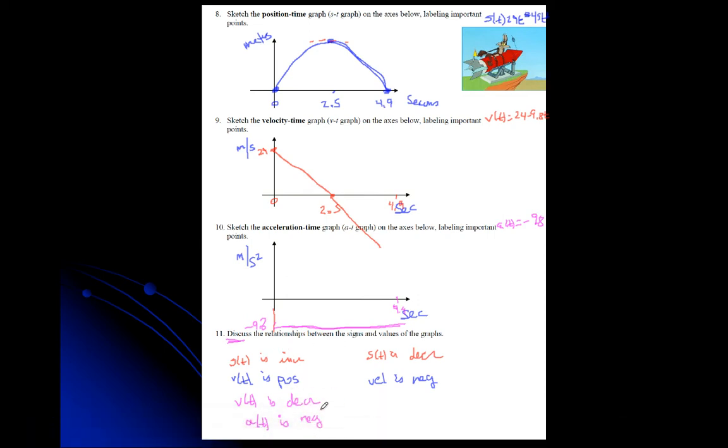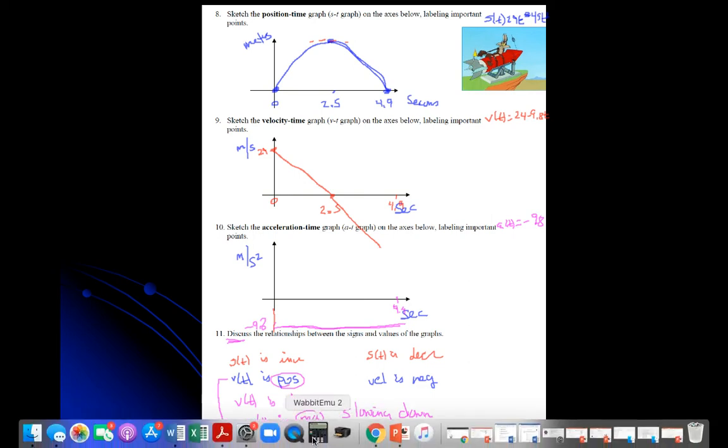Since acceleration was always negative, the times when velocity is positive but acceleration is negative is when Wile E. is slowing down, because you have velocity positive, acceleration negative.